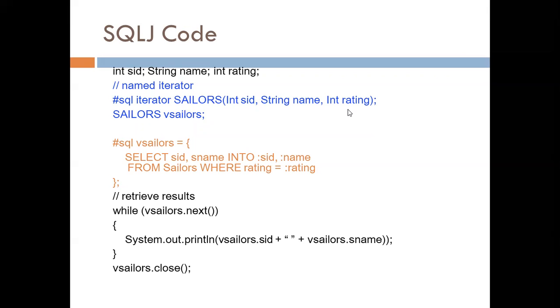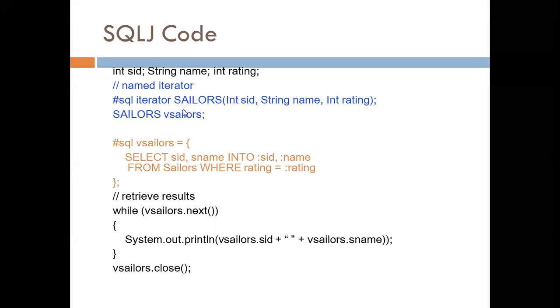So three values that this iterator will be holding. Once we declare the type of iterator, we can declare a variable of iterator type, that is vSailors. So vSailors is an iterator of type Sailors, just like the object and class relationship.